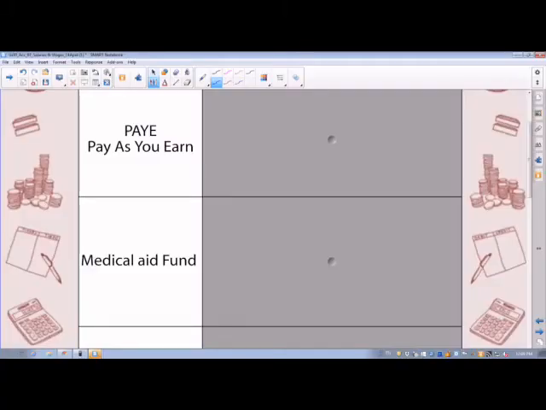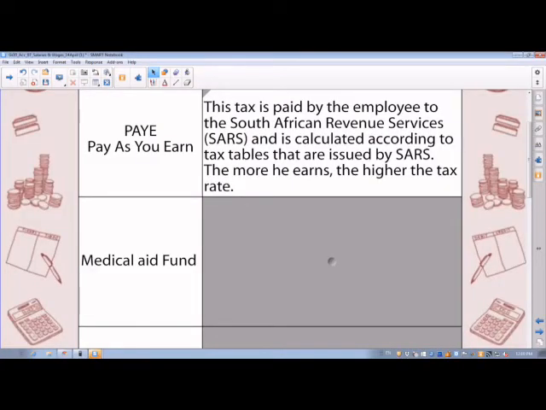Remember, taxes are paid on all salaries earned if it's above a certain amount. So tax is paid by the employee to SARS, and we looked at SARS when we looked at VAT last week. SARS will collect all of this money from the employer, so the employer will deduct the amount of tax from the employee and then pay all of those amounts over to SARS on a monthly basis.